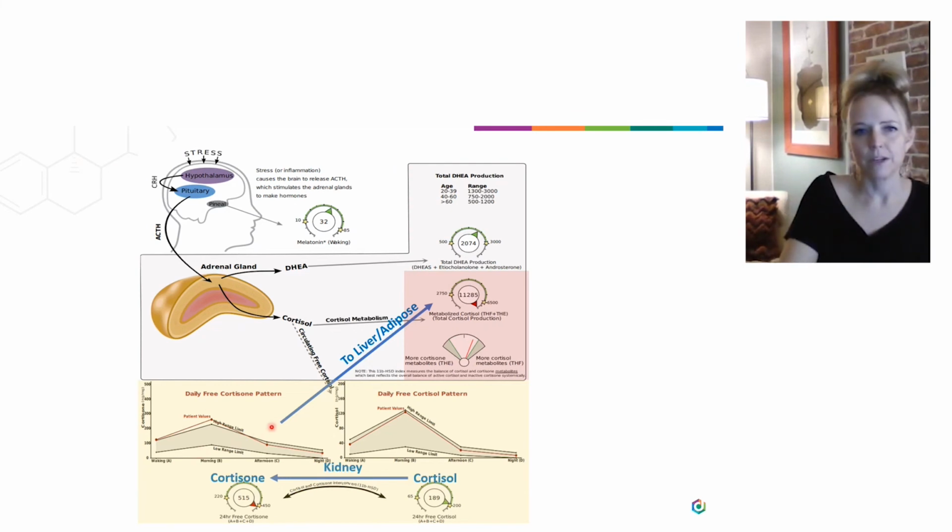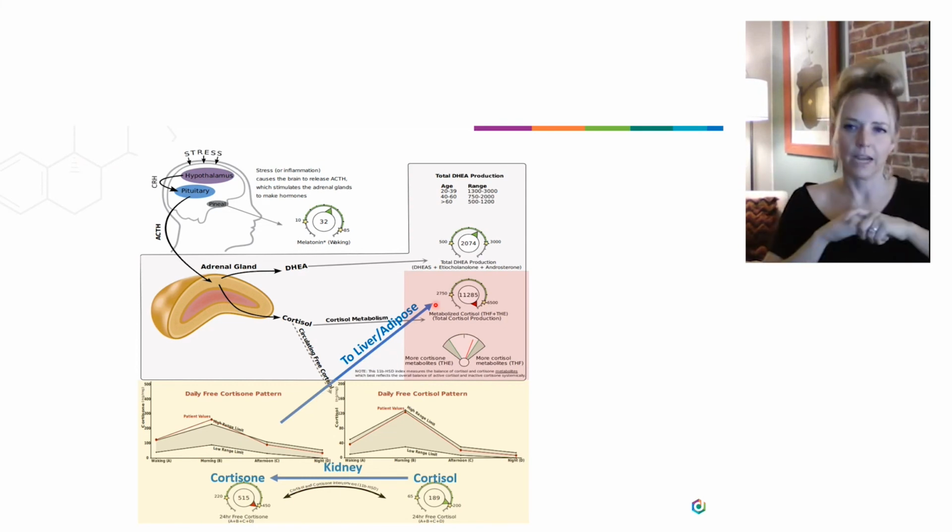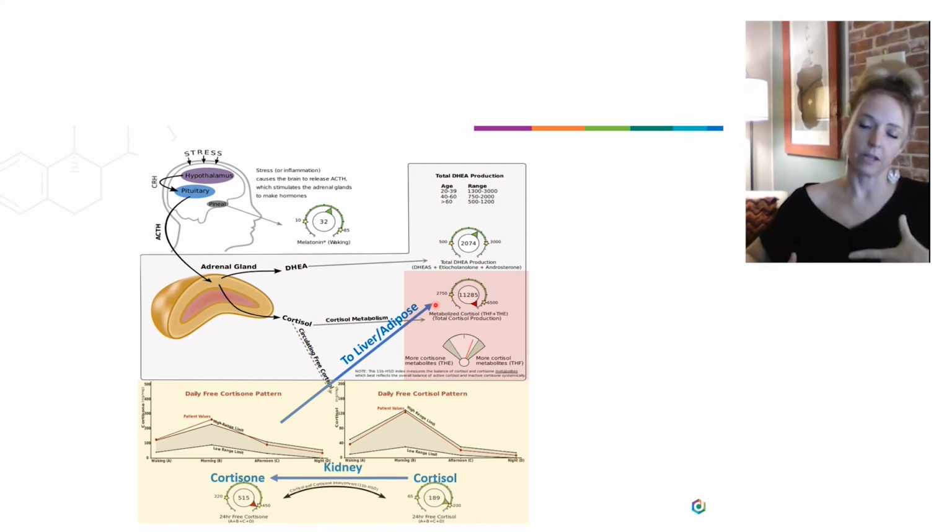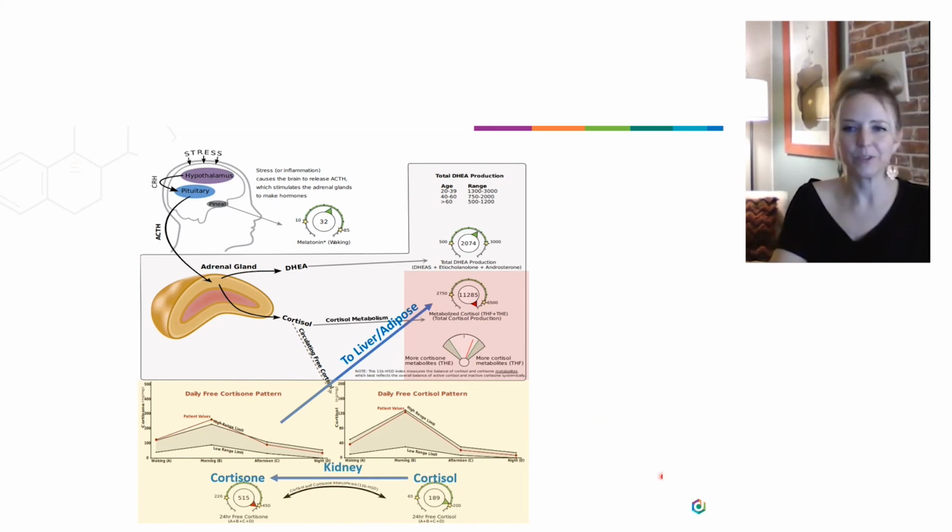And that's why you get this arrow back to the liver and adipose. In somebody who has a lot of central adiposity, it can be delivered straight back to its captor, the adipose tissue, which can then reactivate cortisone into cortisol, in this case by 11 beta HSD type 1.